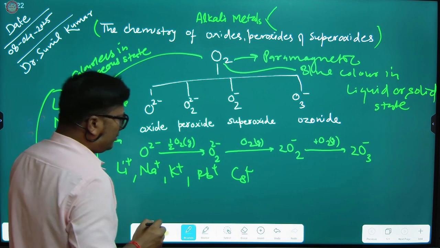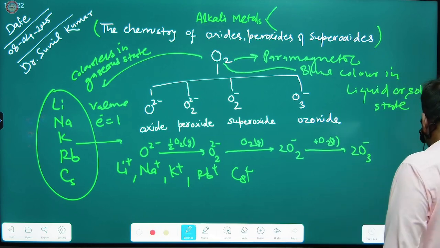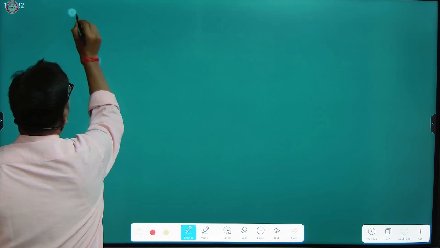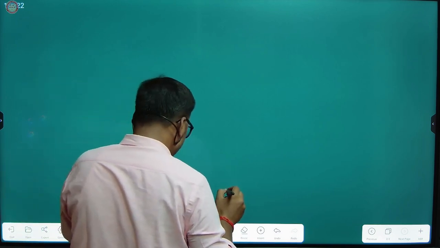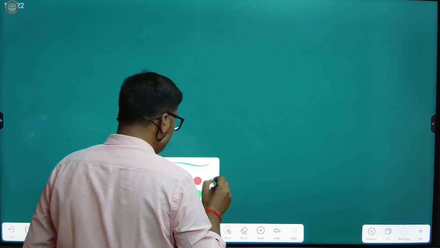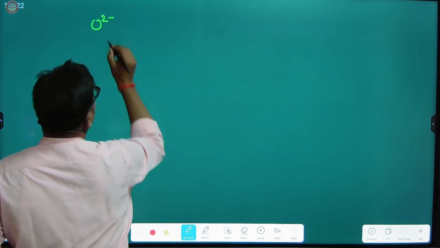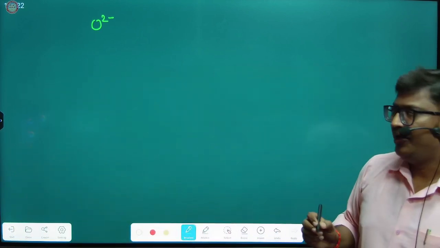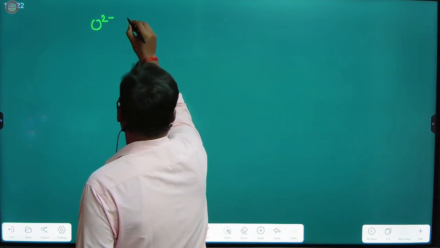So what is the beauty of the oxide ion? Suppose this is your O, so this is your O2 minus, right? It has 8 valence electrons, right?